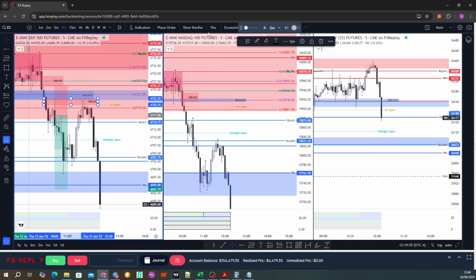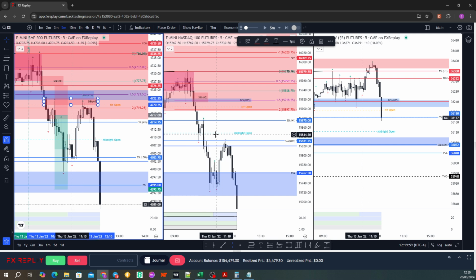Now, ironically, if we cycle back to here, there was the 5-minute fair value gap, the corresponding one. Had we taken it on that, it doesn't come back. Sorry, the price doesn't come back high enough to actually take that one out for a break even. So there we are.